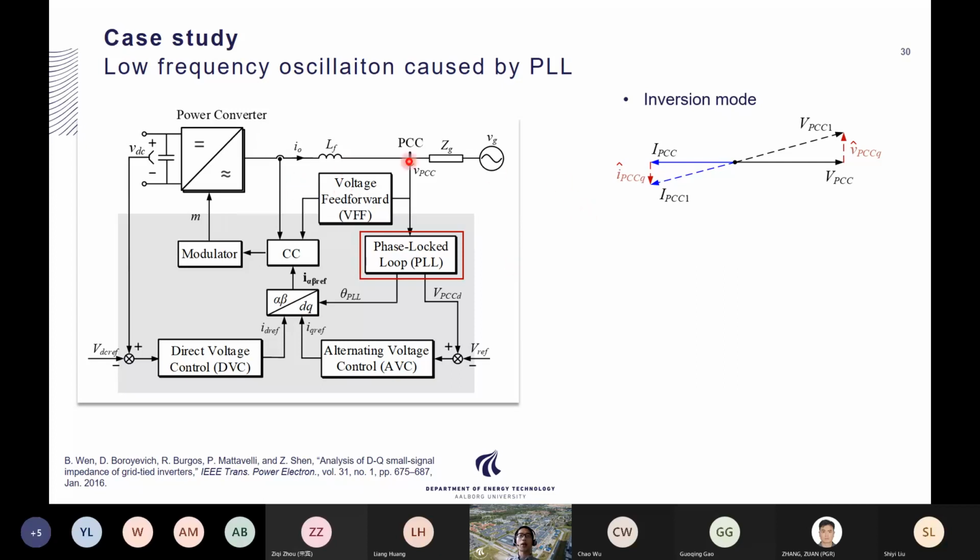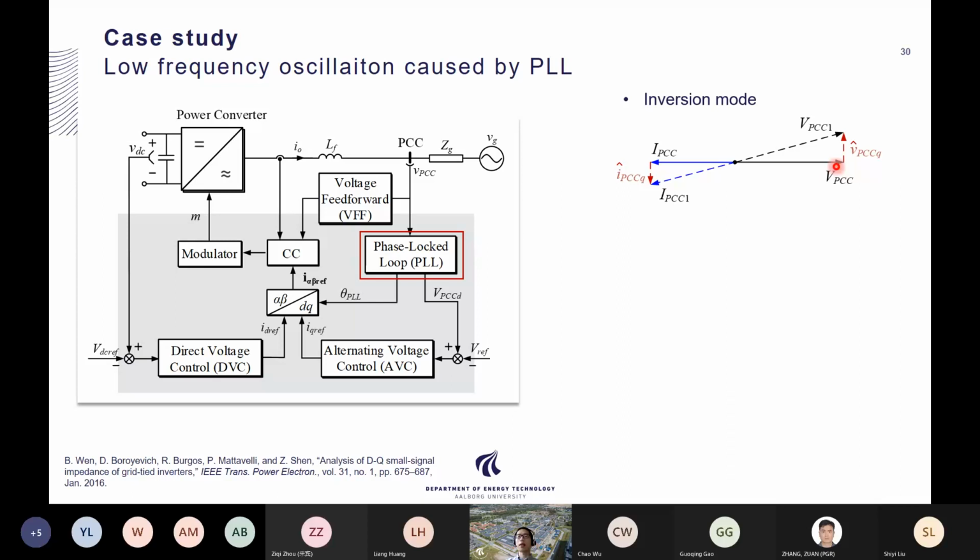For example, we consider that the wind turbine converter is operating in the inversion mode, which is basically that it generates power from the DC side to the AC side, which is always the case. In that sense, we know that during steady state operation, the VPCC and IPCC have opposite directions because it is generating power to the power grid.